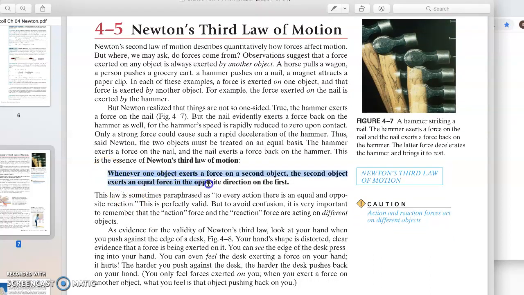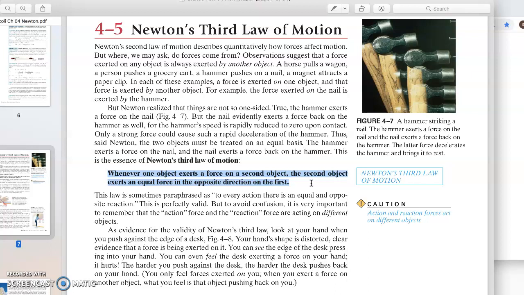Now this is how we state Newton's third law of motion. Whenever one object exerts a force on a second object, the second object exerts an equal force in the opposite direction on the first. So now we answer the question: if the hammer is acting on the nail, the nail will act on the hammer with an exactly equal amount of force, but in the opposite direction.